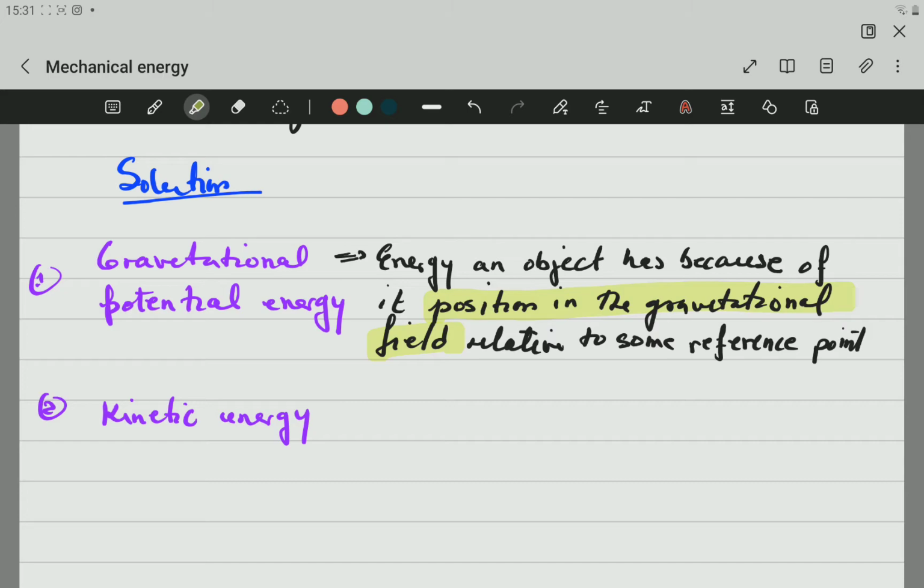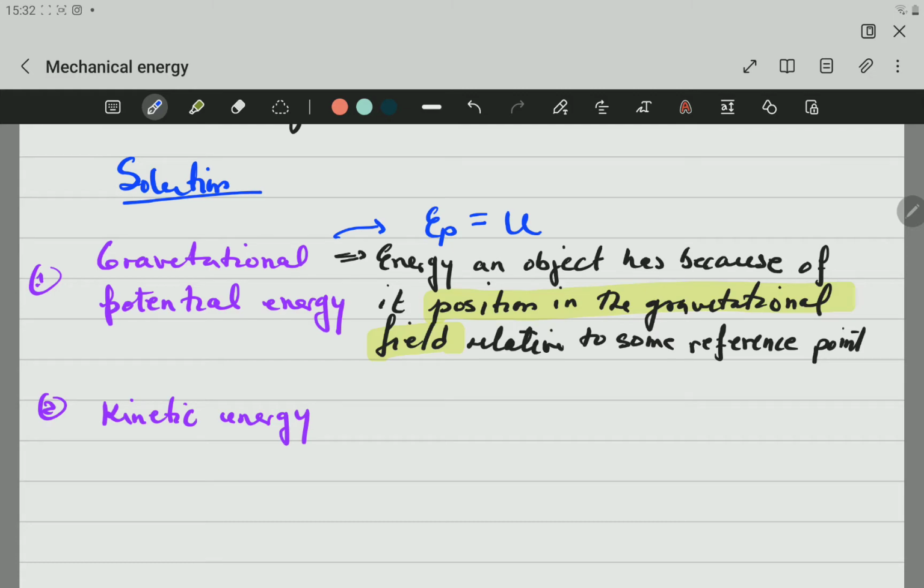Note, these are not the only potential energies, there are more, but we're only doing gravitational potential energy. And because we're doing only this one, the symbol we are going to use is EP. Now sometimes in some books at school you will find the symbol U. It does not really matter which symbol you use.